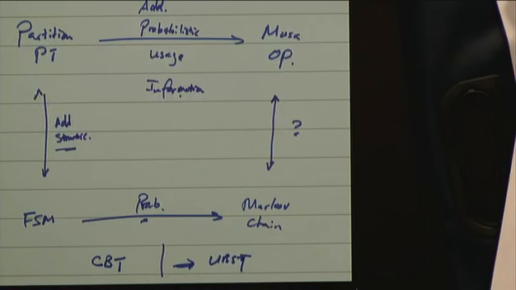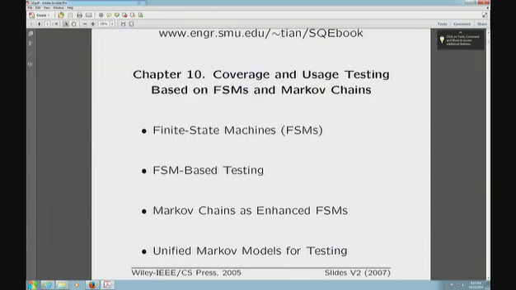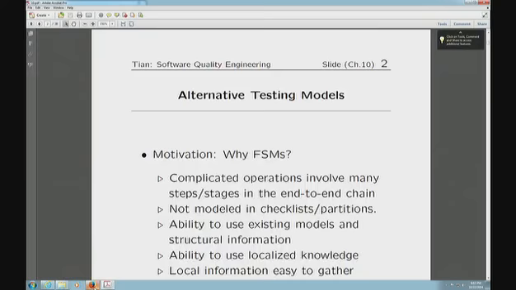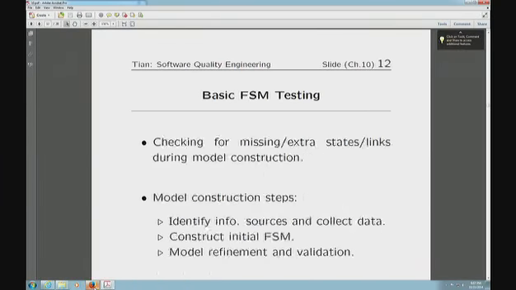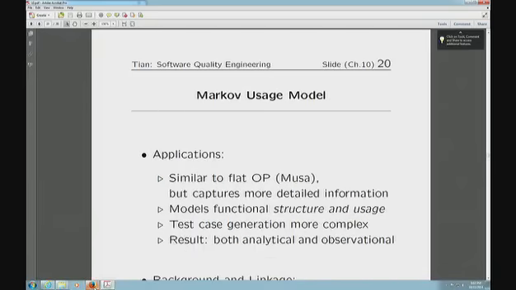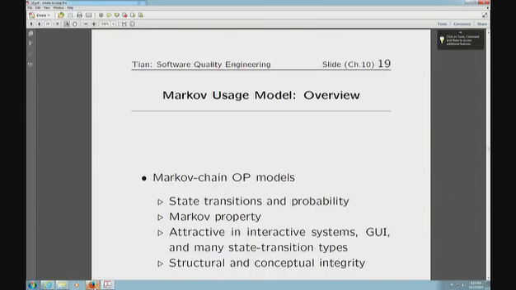Okay, so let's go back to the slides. We talked about the basic ideas a little bit, and now we can look at some of the formal definitions and how we model those things. Okay, so the Markov operational profile. It's really we have some state transitions and the probabilities.